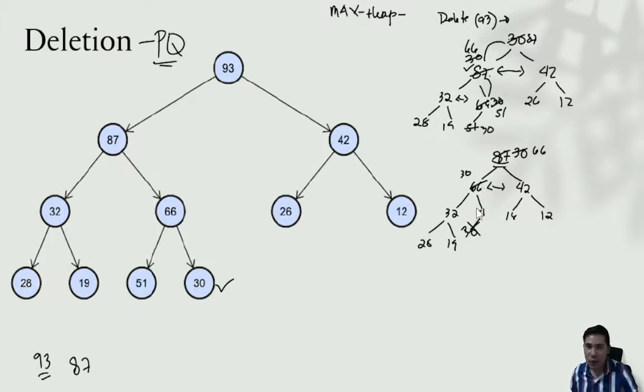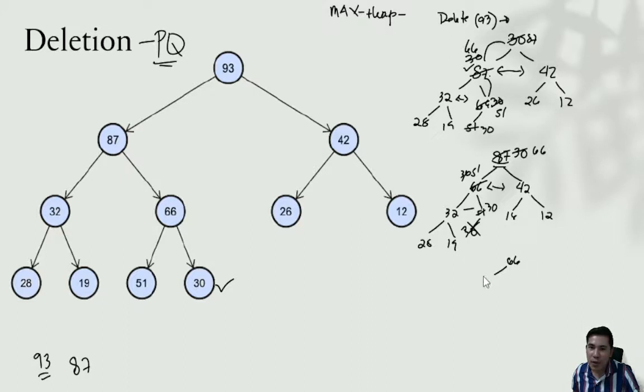Okay, so compare the children. Which one is greater? 51. Is 51 greater than 30? Yes. That means you will need to swap 51 and 30. So 51 goes here, 30 goes here. So that's it. And then your binary heap would be 66.